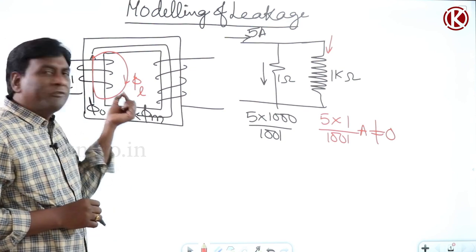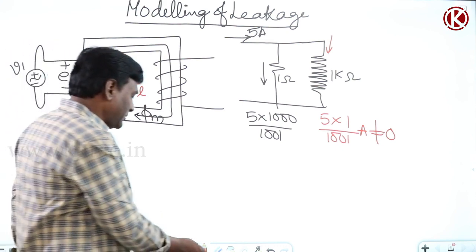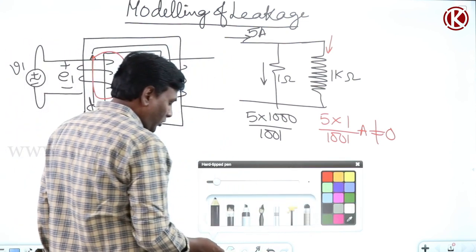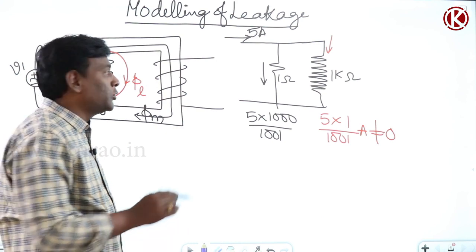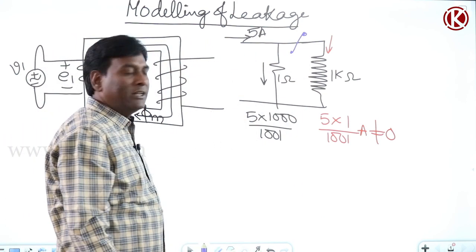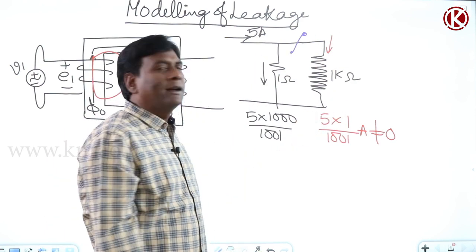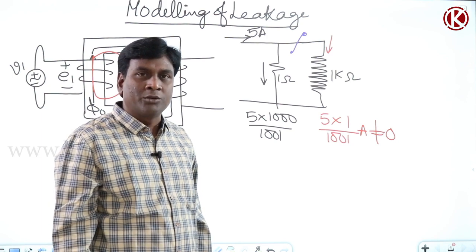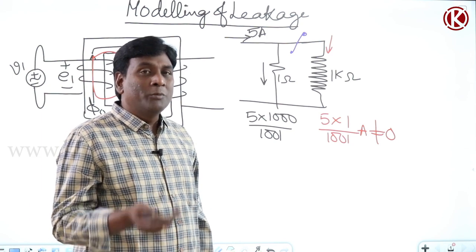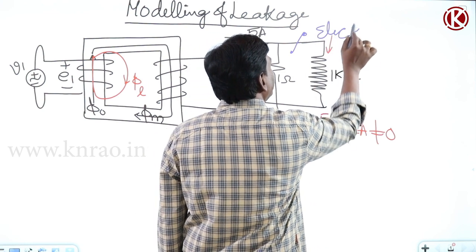No. A very small fraction of the total flux has to flow through leakage. For example, if I don't want to allow any current to flow through it, what do I have to do? I have to open circuit. What is meant by open circuit? Open circuit means that we are going to provide an electrical insulator here.